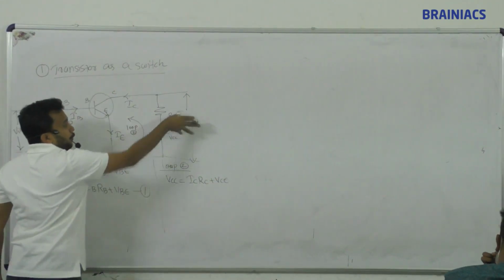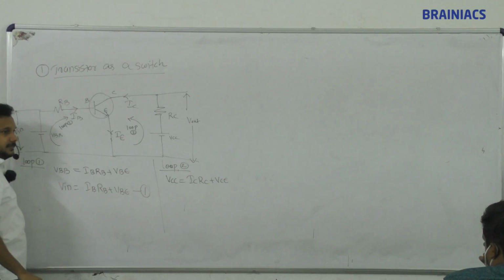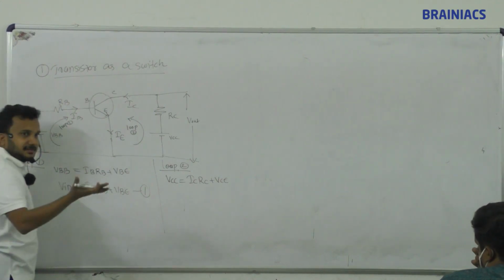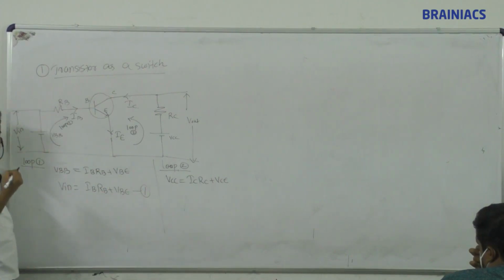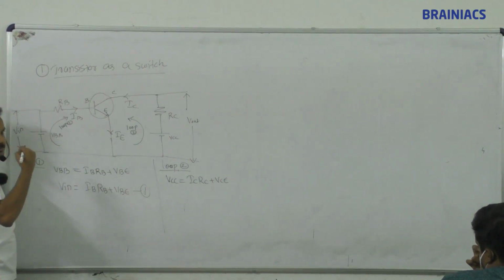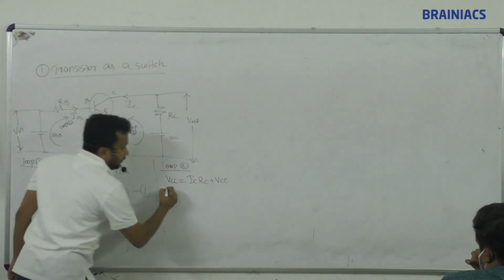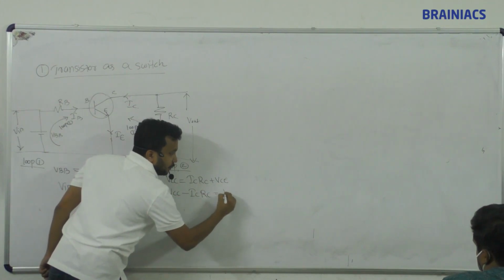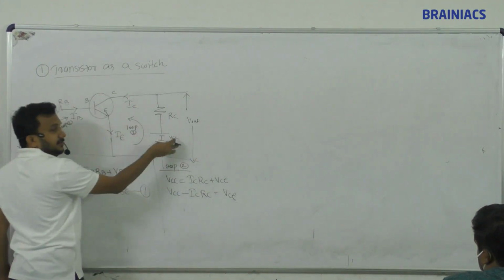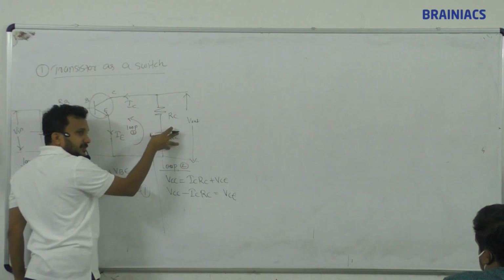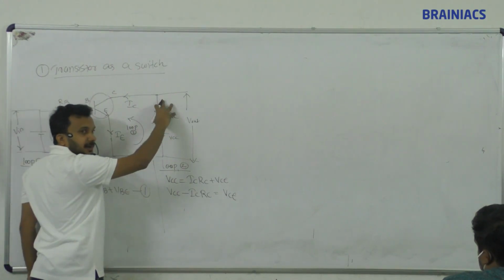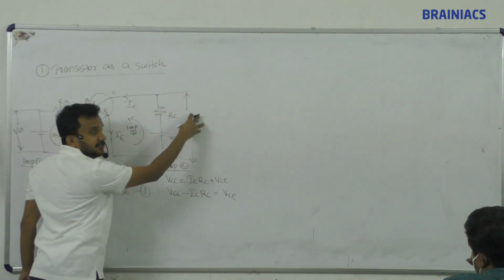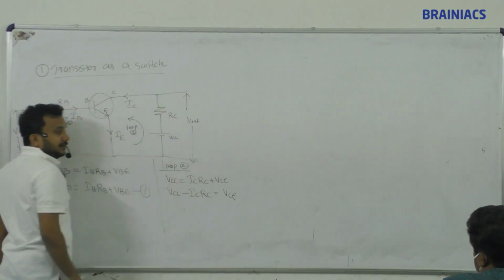Okay. Next, what is the output? VCC is a given energy, ICRC is the used energy, VCE is also the used energy. So VCC minus ICRC is equal to what? VCE. You are giving VCC, and some voltage is used by RC, and the balance you get is called V out.